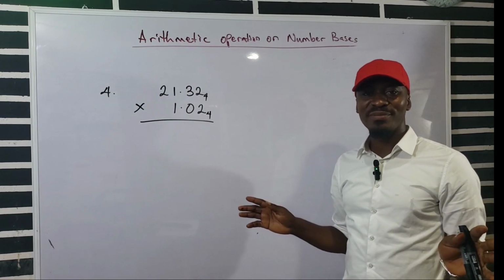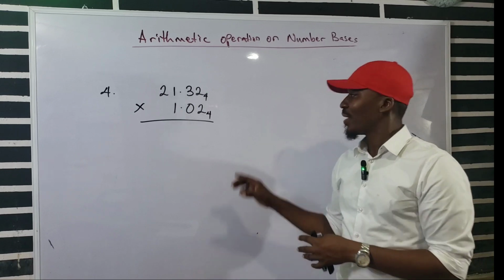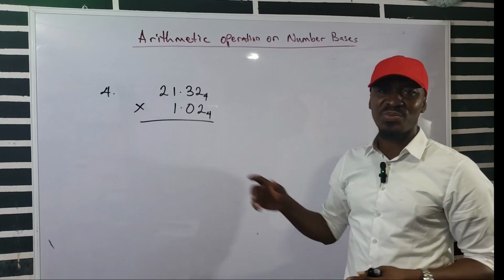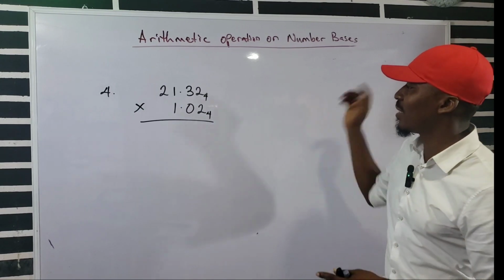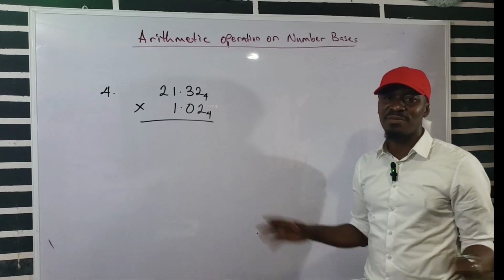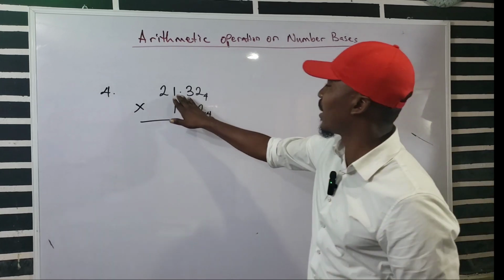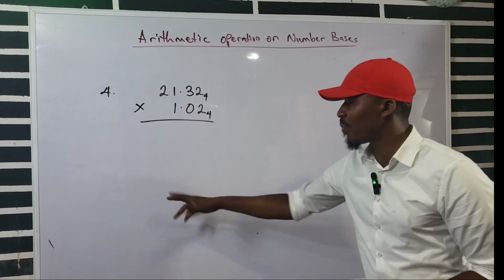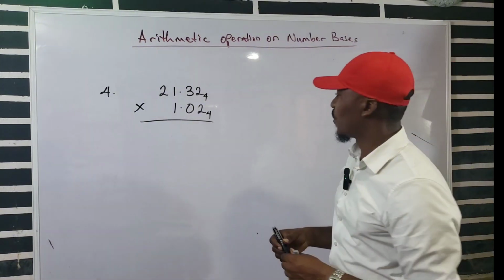Remember what I told you at the beginning of this video? You multiply your number, ignore the decimal point, multiply your number, your answer, you just count the number of decimal points, add another decimal point to it, and look for where to put your decimal point. It's as simple as that. So I'm going to ignore the points, okay, and multiply my numbers. When I'm done, I'll put my decimal points. Okay, so let us multiply.